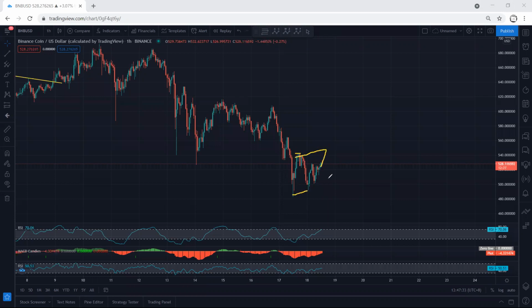The only thing is it's a different type of flat. When we have a flat with this down move, the next move can also give us one more drop with the breakout of this low. But since we have a divergence, mostly we can look for the reversal. Either we get a flat where the price gives us one more drop with the breakout of the previous low and then we get the reversal, or the price reverses from here.